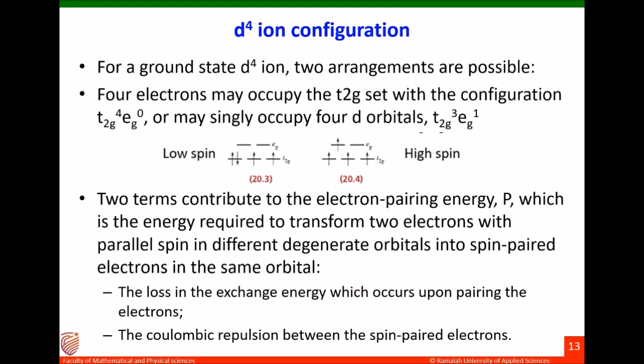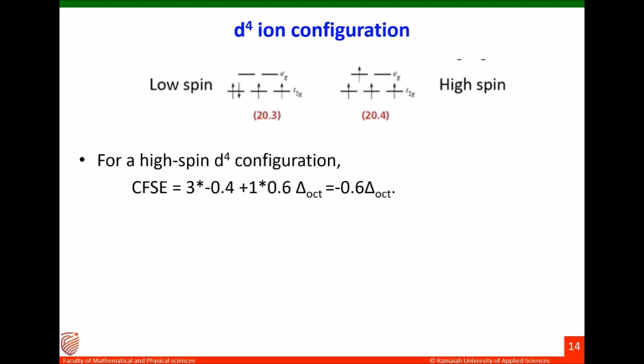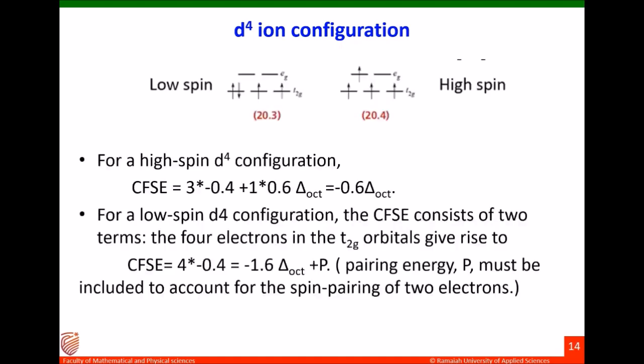For a low spin d4 configuration, which is shown in 20.3, where all the electrons are in t2g, the crystal field stabilization energy equals 4 into negative 0.4, because all the electrons are in t2g, where the value is minus 1.6 delta octahedral.